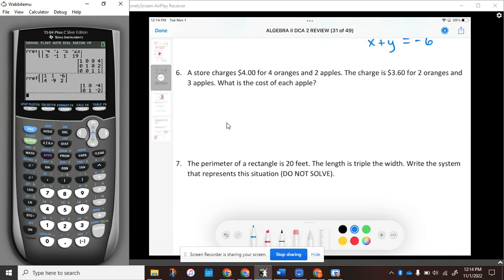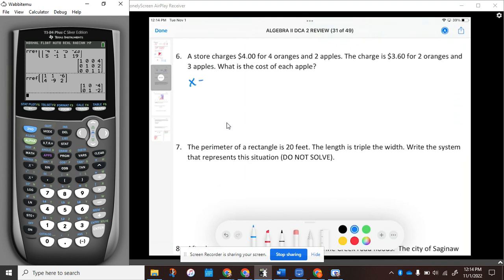If you can read through that, what are the 2 variables going to be? Apples and oranges, right? They're listed as oranges first, so let's say that X is the oranges and Y would be the apples. We've got 4 oranges and 2 apples.